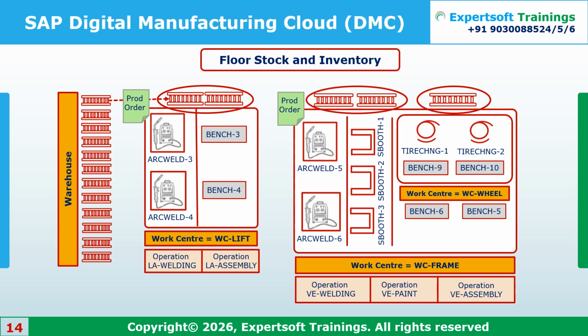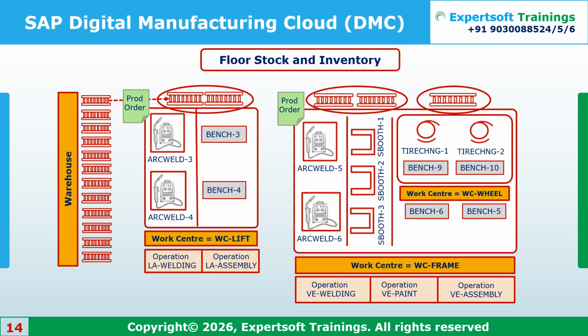The process flow is like this: from the warehouse, we will create a process order or the production order, and it will have the master data like work center or the operations from the routing.